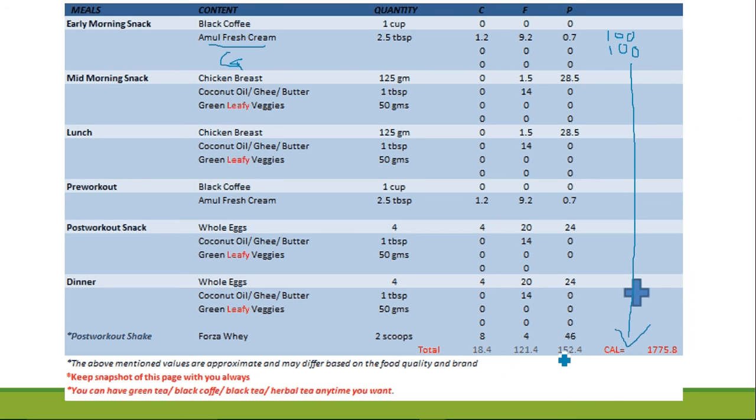This is the ratio that I want: 18 grams of carbohydrate to 121 grams of carbohydrate to 152 grams of protein. But this will change, right? Because the protein or this fat will get less. That will get to around 115 or 114 grams, and carbohydrate will increase by 25 grams.